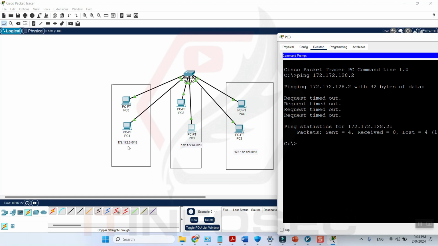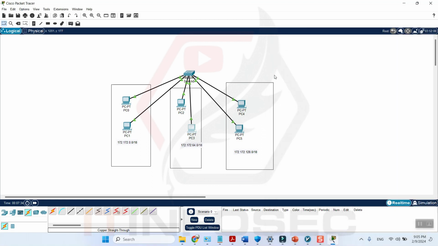Keep network numbers the same, but we also need to separate computer traffic or network traffic from each other beside the same network ID numbers.